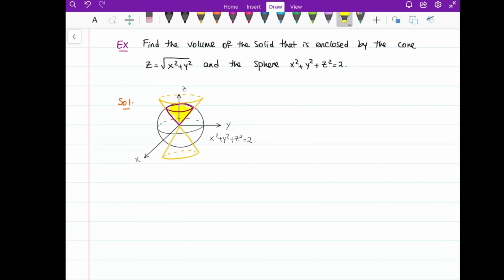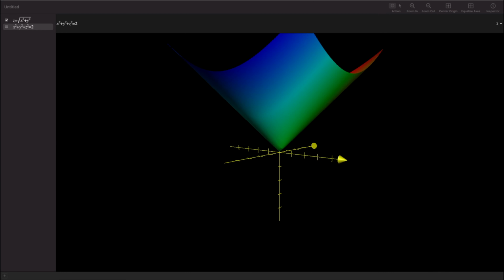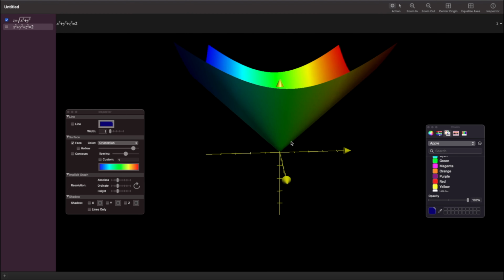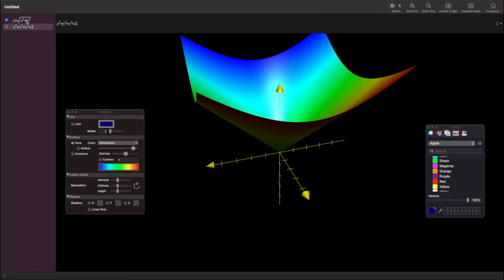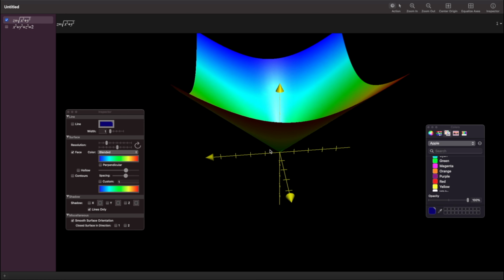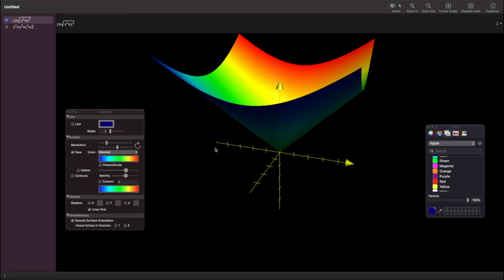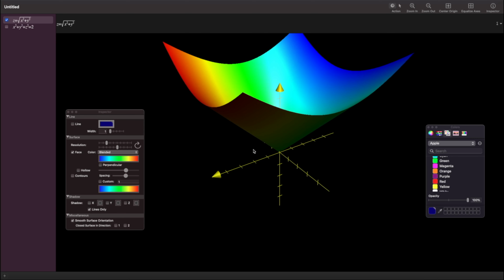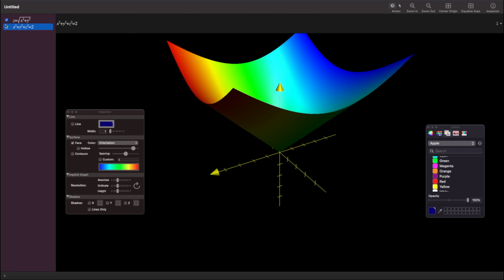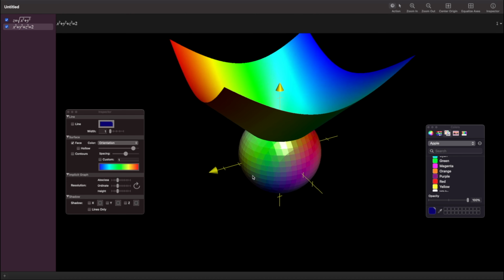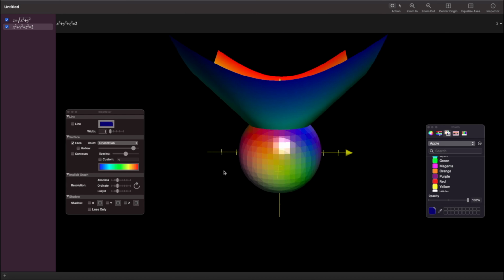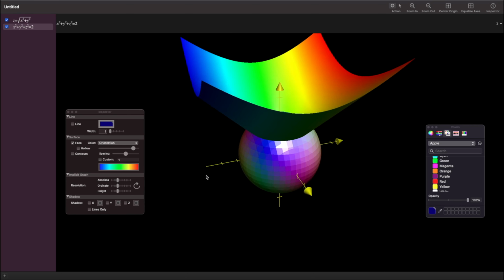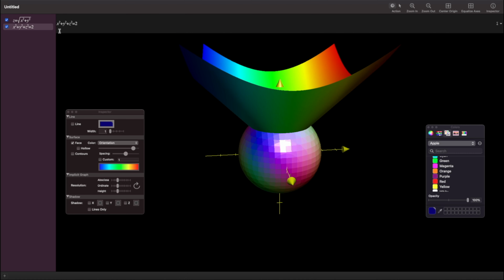Okay, let me show you the graph. This is the cone z equals the square root of x squared plus y squared. It's the top half of it, just because z is positive, it's equal to the square root. And that's the sphere, and as you see, these two have an intersection.